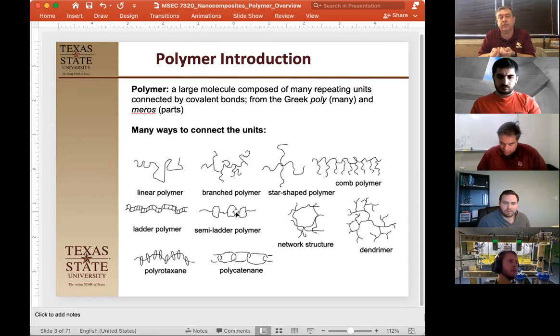You can infuse the inside of the dendrimer with a pharmaceutical, and then as it sits in a biological system, it can slowly diffuse out of that dendrimer system. So the dendrimer is different from the branched and the star shape by having a more regular structure. If you can imagine, it goes out and out and out until you can have a complete solid surface on the outside where the inside is still disordered polymer.